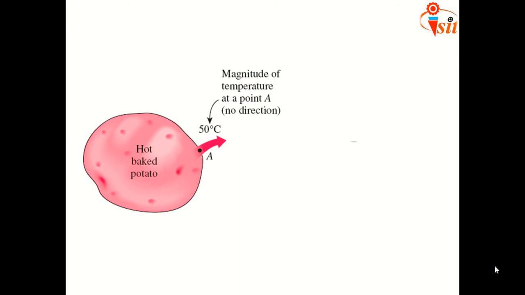There is no direction for the temperature. But if it liberates heat at 80 watt per meter square, that is the heat flux, and we can state the magnitude and direction of heat flux at this same point. So ultimately, temperature is a scalar quantity, and heat is a vector quantity.